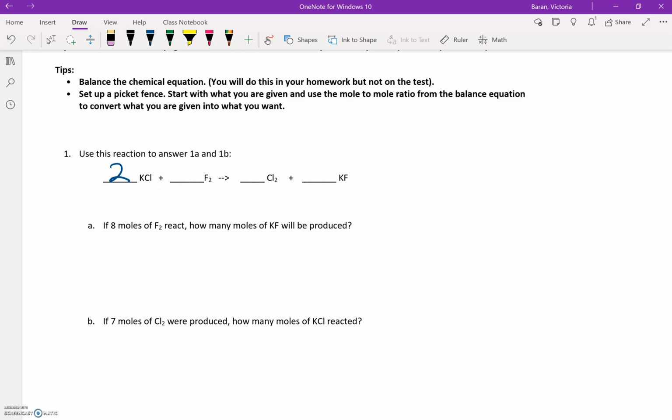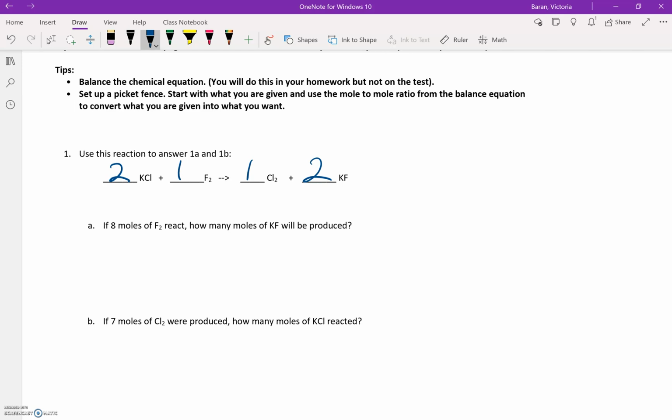But since I put that 2 there, I also now have 2 potassiums on either side, so I have to put a 2 here as well, which works out because now there's 2 F's on either side. You can leave this blank or put a 1 there. So now this equation is balanced.